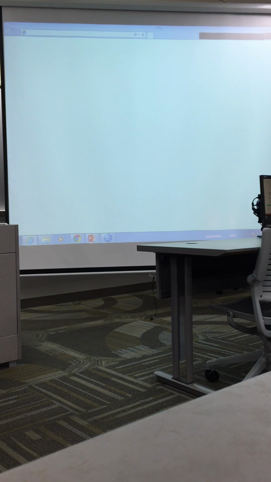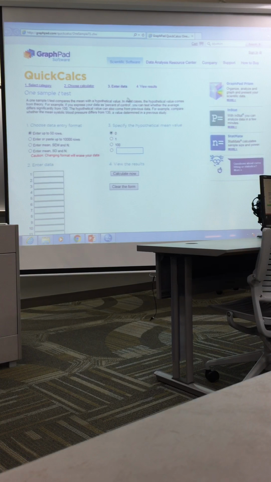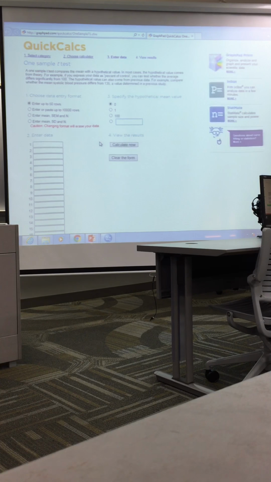So here's a one-sample t-test on GraphPad. Okay, the nice thing about GraphPad is it gives you a few options about how you can calculate. So if you have a homework question that only gives you, because remember, you can only use SPSS if you have a data set, right?